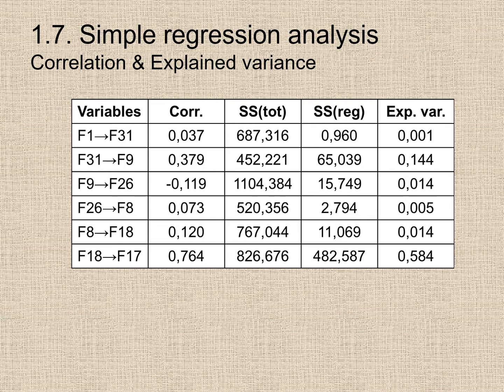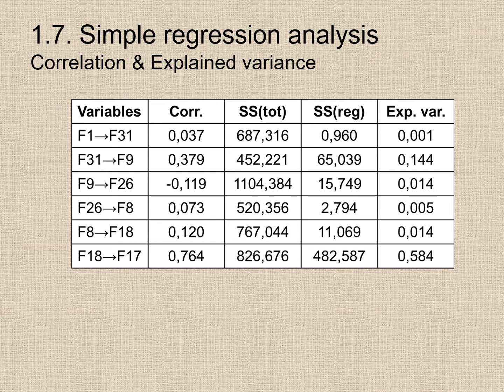Between group sum of squares divided by total sum of squares. It's called eta squared. This is the same. Explained sum of squares divided by total sum of squares. But now it's called R squared, R raised to 2. But it's the same thing.